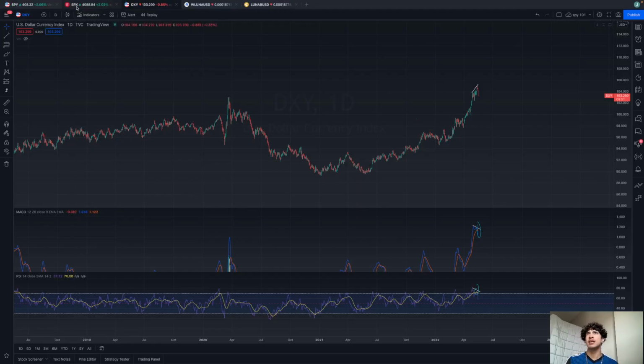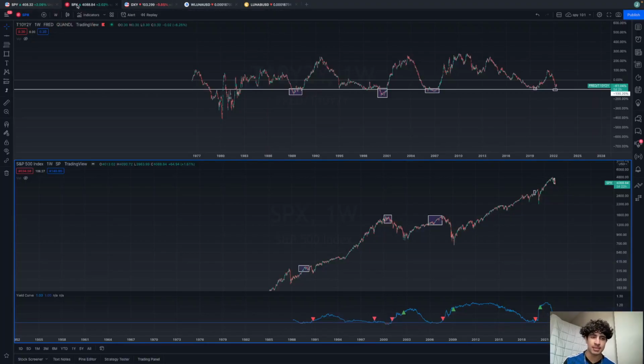This is something you really want to understand and be aware of, because it has very high relevance in the markets as an indicator for a recession. Every time the yield curve becomes inverted, goes under zero, a recession or a crash follows.